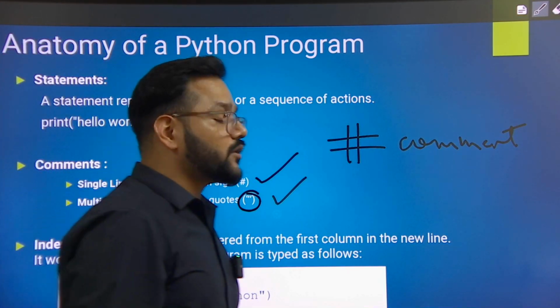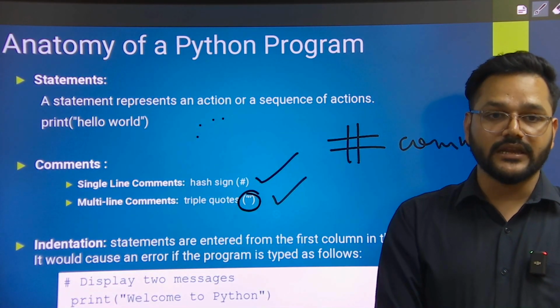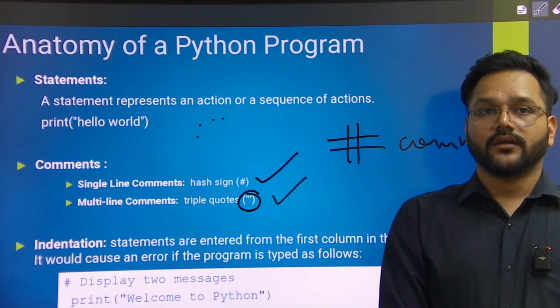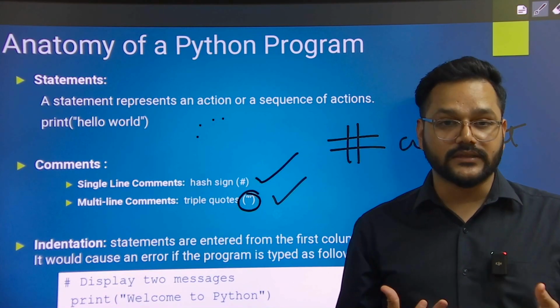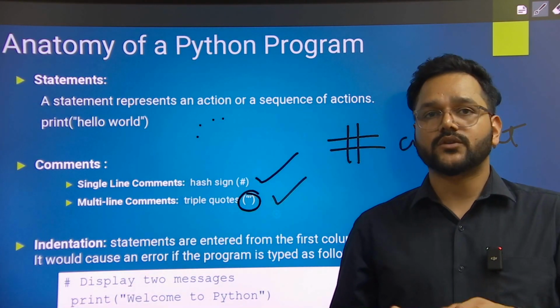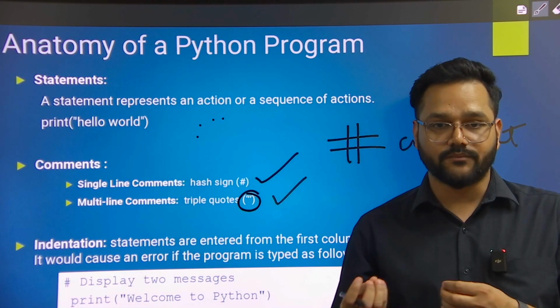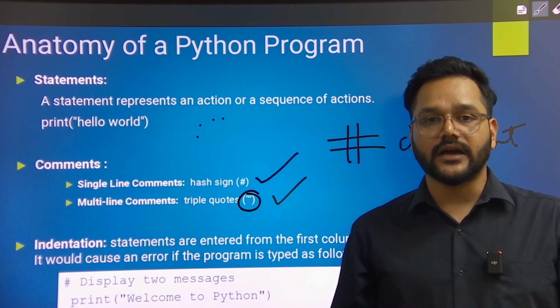Now talking about another important thing, which is indentation. In Python programming, indentation is very important. Indentation is how you are writing your Python statements. For example, in C or C++, it does not matter if you are giving some extra blank spaces in your code, but in Python these things are important.